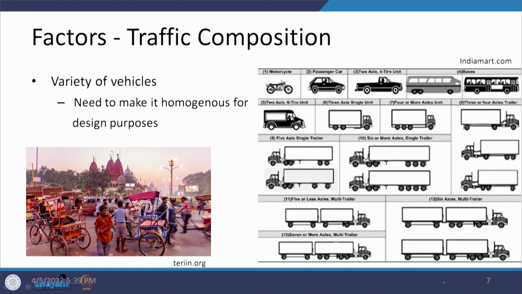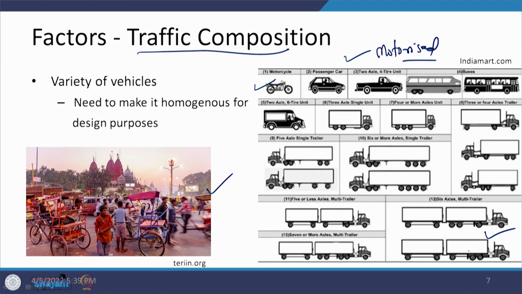Now, another factor is traffic composition. Why are we interested in looking at this particular factor? We already talked about a design vehicle, and here you can see two things being shown. One is on the motorized front, where you have the smallest vehicle as a motorcycle and the multi-axle truck towards the right lower side, where you have two units attached along with one base unit at the front.